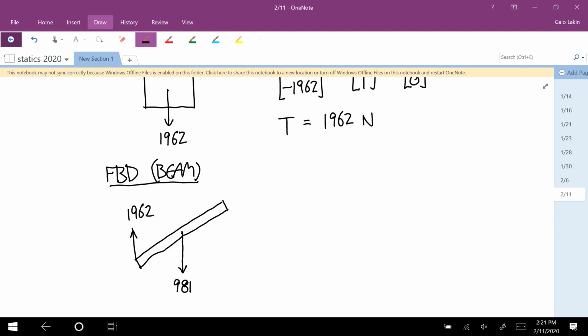No, so a fixed joint eliminates all 3 degrees of freedom, and that means it's going to have 2 components of a force and a couple. I'll call that force R, reaction force, and this couple MR, reaction moment.